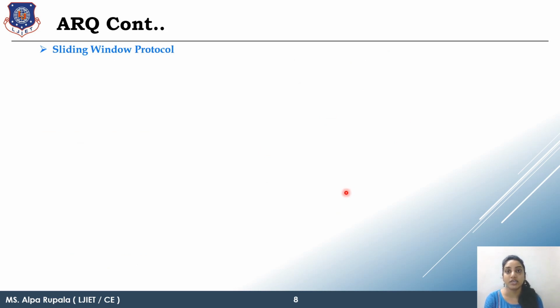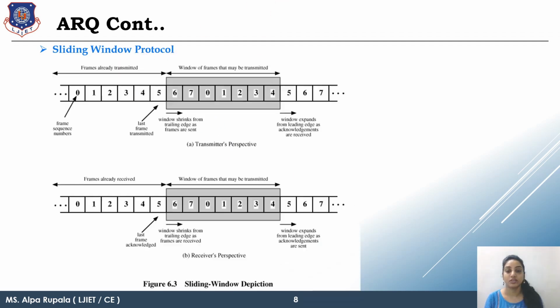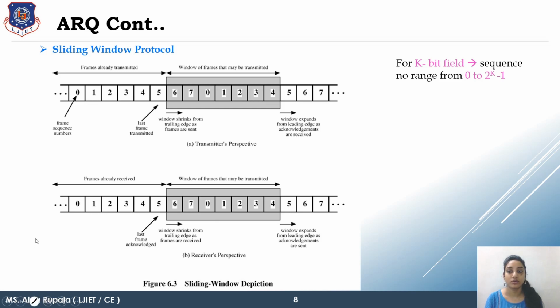But ultimately ARQ also depends on another kind of protocol, which is the sliding window protocol. Now, what is the sliding window protocol? Before that, first of all, we need to count the sequence numbers of the PDUs. Suppose for a k-bit field, the sequence number ranges from 0 to 2 raised to k minus 1.